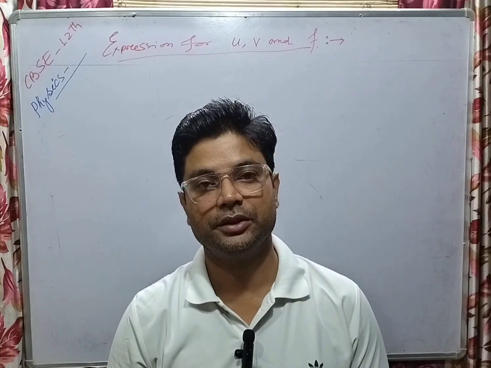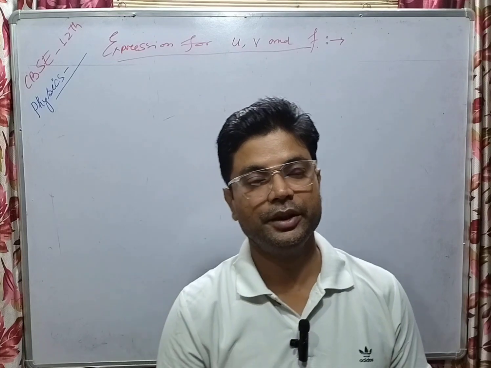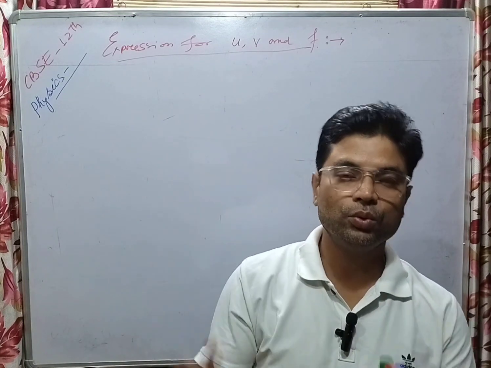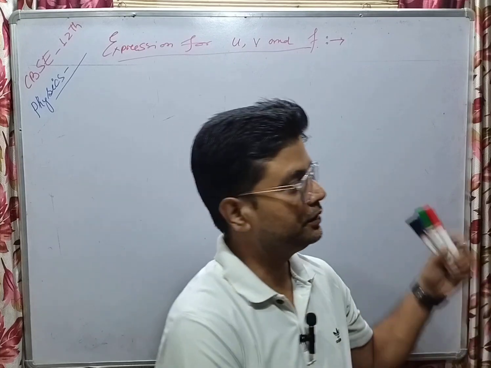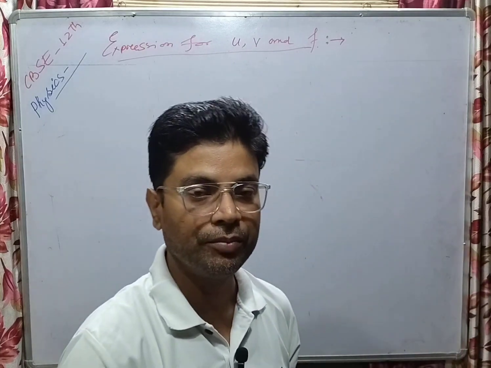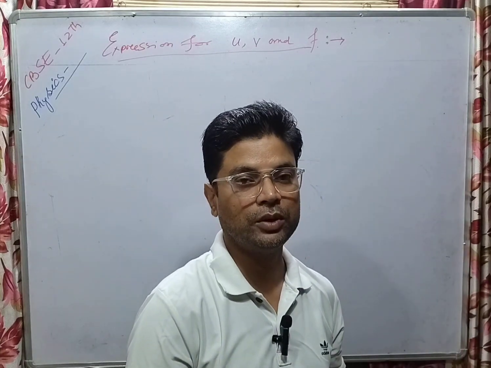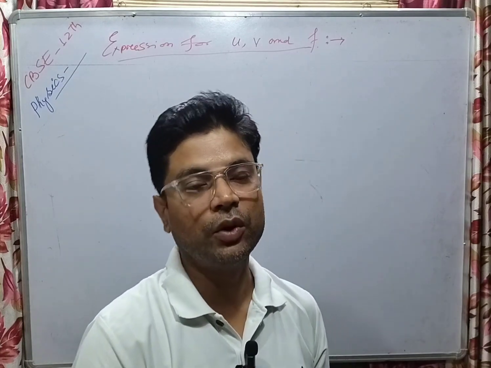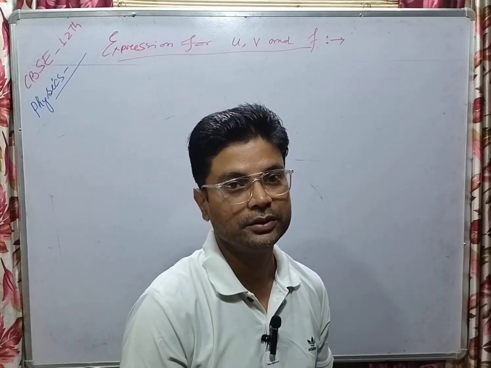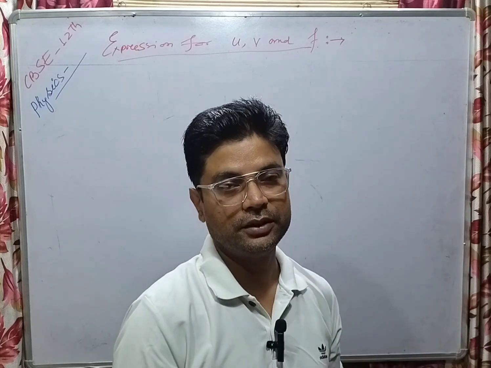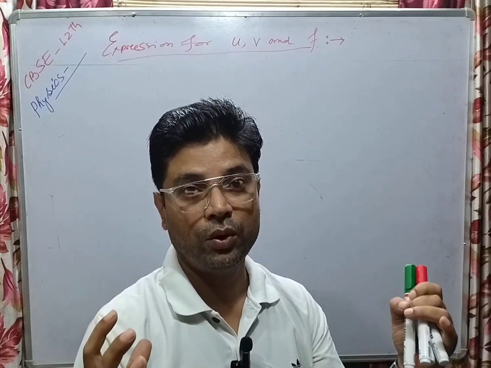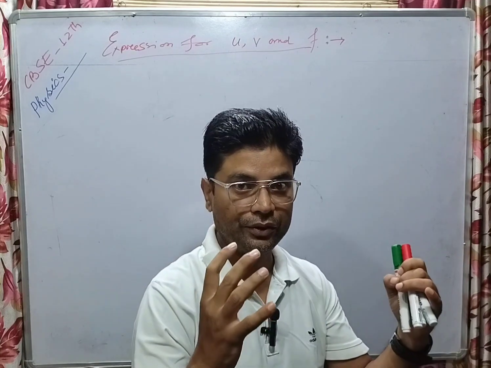Listen carefully. You must use geometry to establish the relation 1 by v plus 1 by u is equal to 1 by f. For that, you must have knowledge of geometry. Okay, let's start the discussion. I would like to discuss this as a whole, in brief.